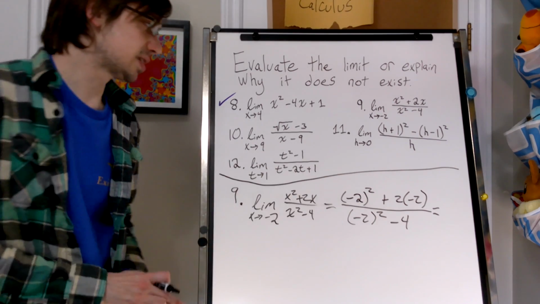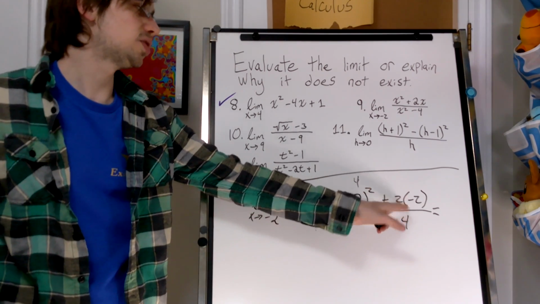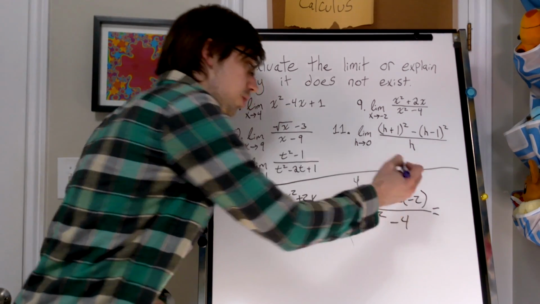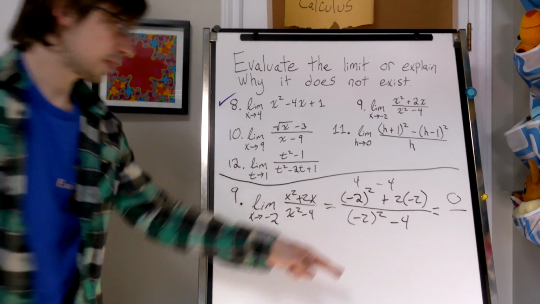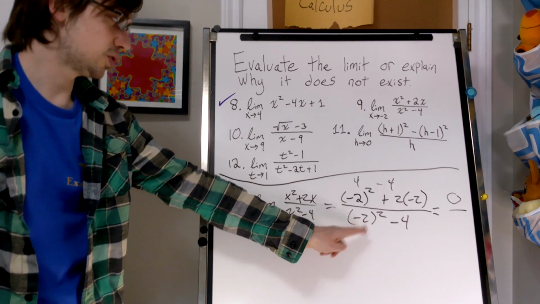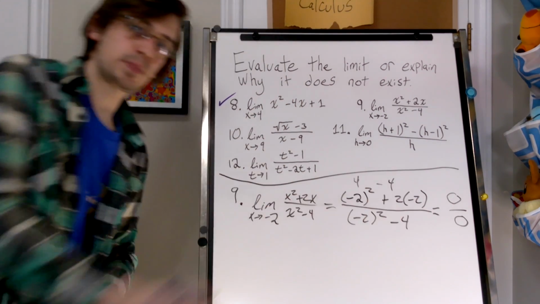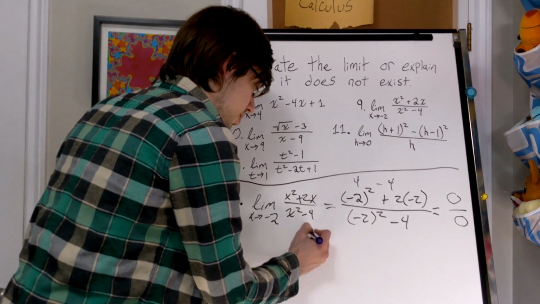Negative 2 squared is positive 4. Positive 2 times negative 2 is negative 4. So on the top we get 0. On the bottom we get negative 2 times negative 2 is positive 4, minus 4, 0. 0 divided by 0 is undefined.